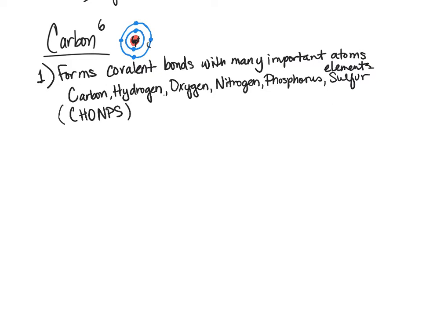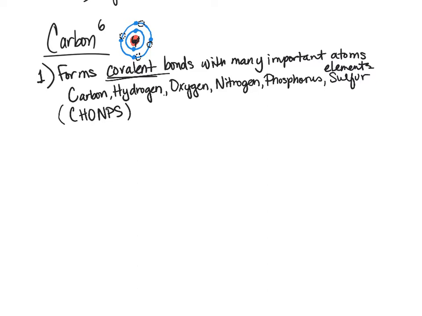And if we remember, how many fit in total? Right, 8 in this outer shell, which means that we're missing 4. And so this is how carbon is able to make these bonds. It likes to make covalent bonds, if we remember what a covalent bond is compared to an ionic bond. Remember, covalent bonds are those where they share electrons.